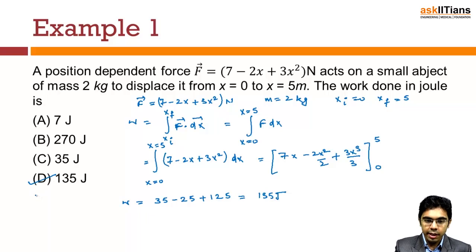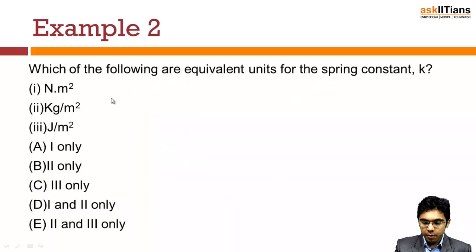Now let's proceed. Which of the following are the equivalent units for the spring constant K? What do we know about the spring constant? F is equal to Kx, or minus Kx. For the spring constant the minus sign doesn't matter because we have to find the unit, so let's consider the magnitude F equal to Kx.